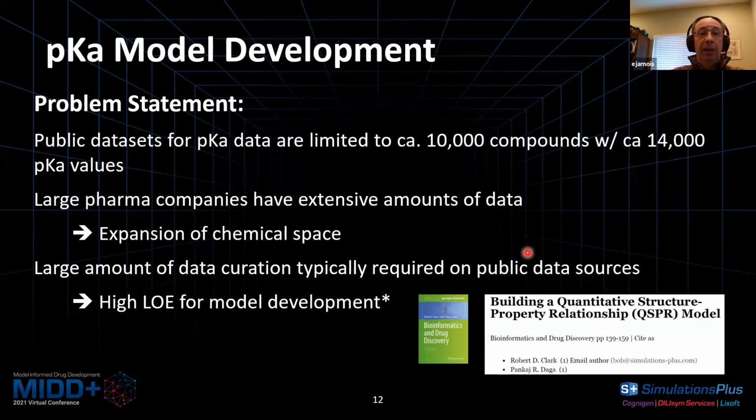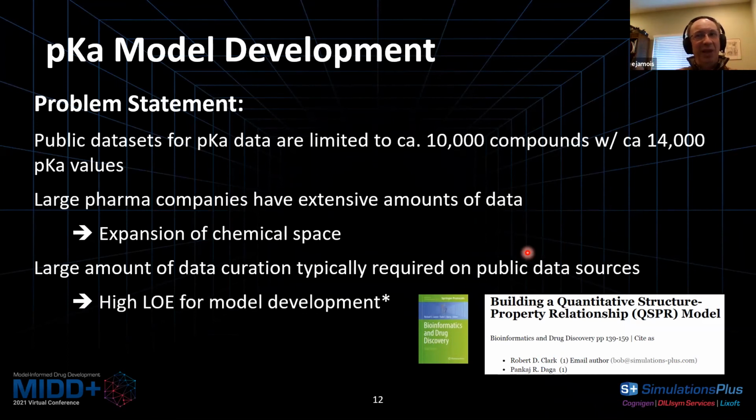On the other hand, pharma companies have extensive amounts of data, and they're working sometimes in new areas of chemistry space, which are very interesting, and they also do a large amount of data curation. Whereas typically with public data sources, we have to do a lot of curation, as Bob said.